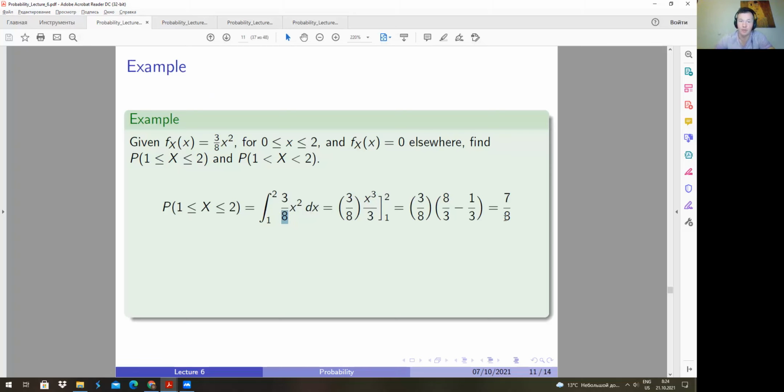So that's simply how I can calculate the probability that for this random variable with this probability density function, my random variable is going to be between these two values: 7 over 8. Of course, you must be very careful when you calculate something yourself.